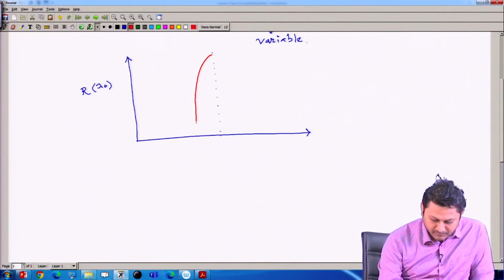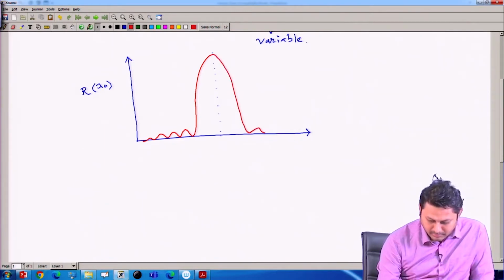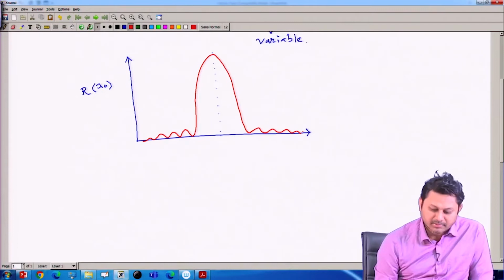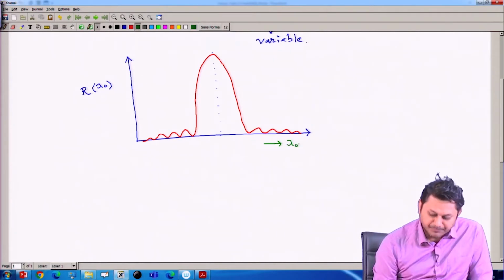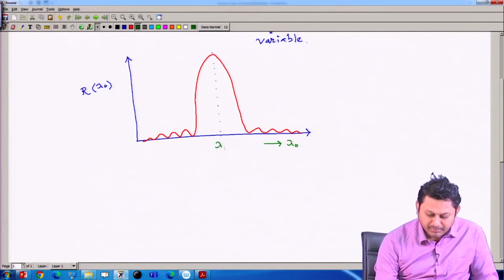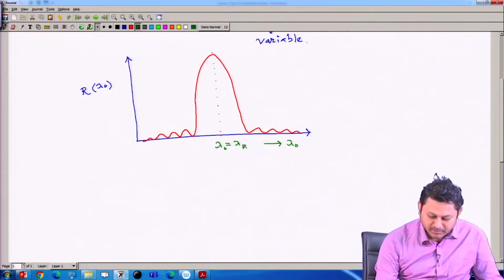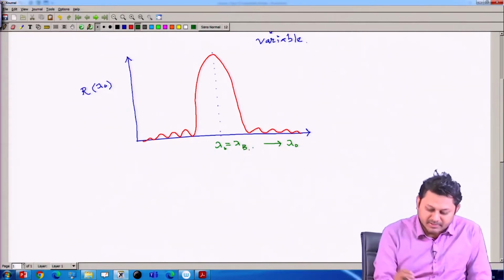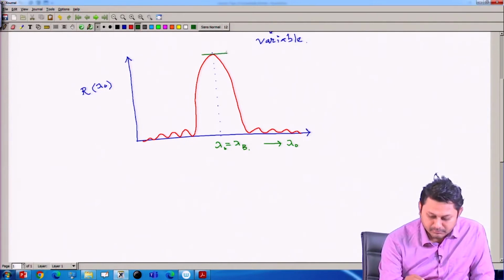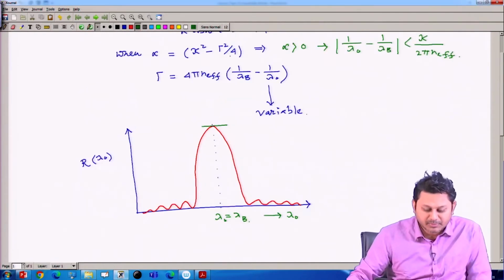The reflectivity curve will in general be something like this, where on this axis I plot the operating wavelength lambda 0, and this point is when lambda 0 matches with the Bragg wavelength lambda b. So, at this point I have a maximum reflectivity.